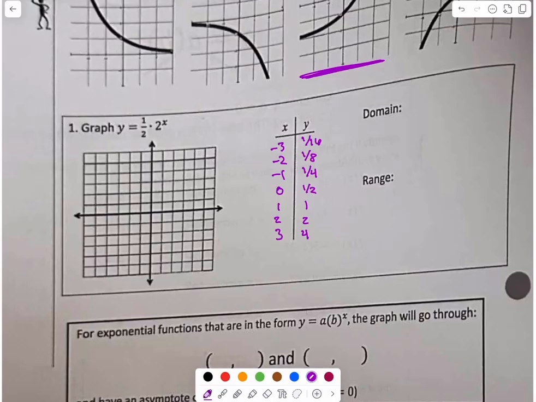So y values go up to like 4. That's the origin.